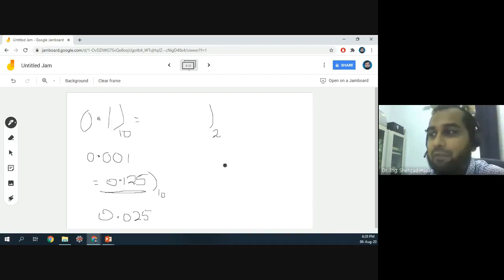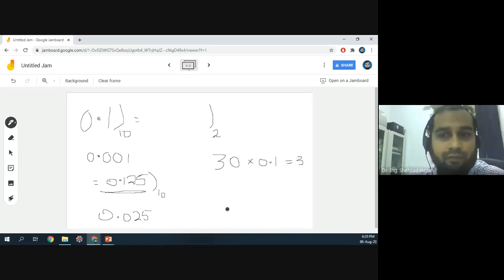So for example, if I have a program in which I need to multiply 0.1 with some number, say 30. So if I want to have 30 and multiply it by 0.1, I'm expecting my answer to be what? 3, right? Why isn't anyone giving any input?